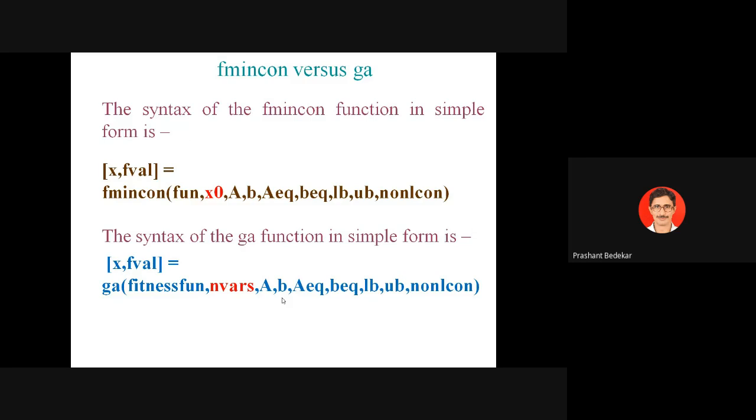But then you will have to be ready with a file containing the objective function, and a file containing the non-linear constraints. That you will have to prepare and write before using the GA function, either GA function or the GUI.